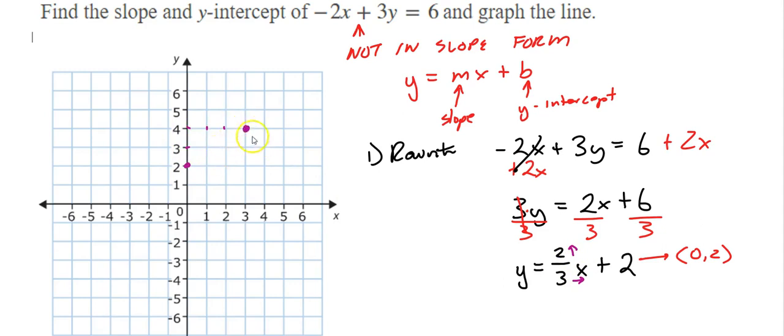There's another point there. Then we can do it again, up 2, right 3. Then we can graph our line, because we now know that this is our slope and that's our y-intercept.